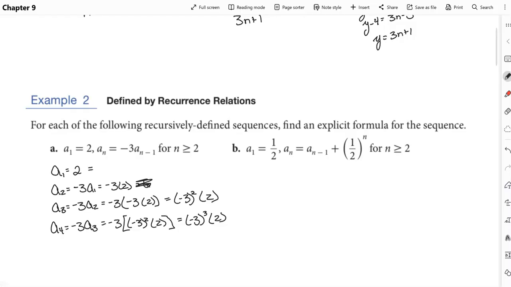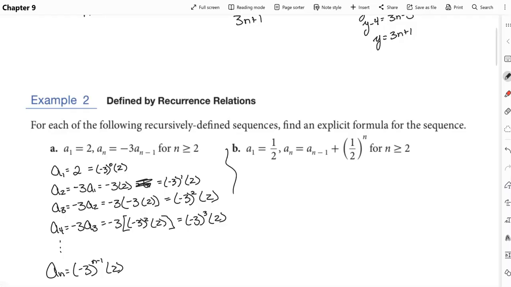Going back up to A sub 1, that would be negative 3 to the 0 times 2. And then I have negative 3 to the first times 2. So my pattern here, A sub n, would be negative 3 to the n minus 1 times 2.